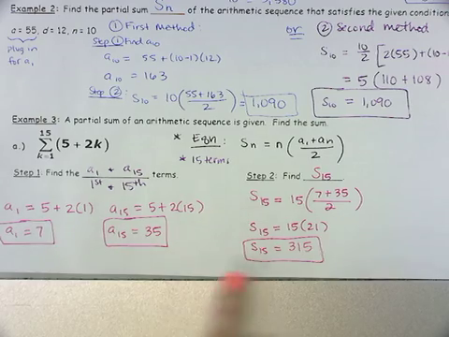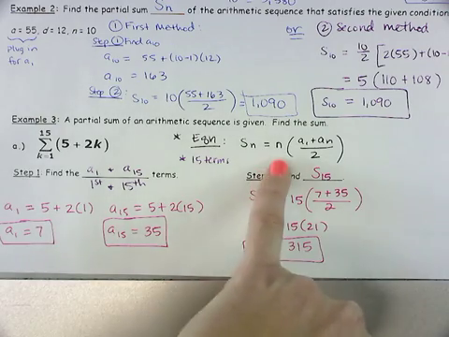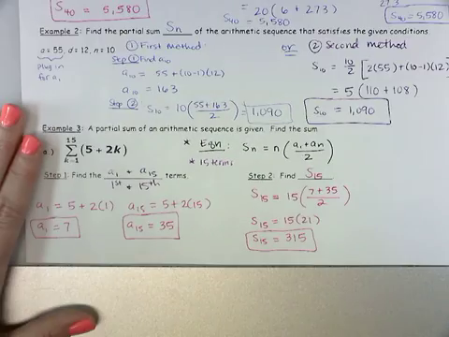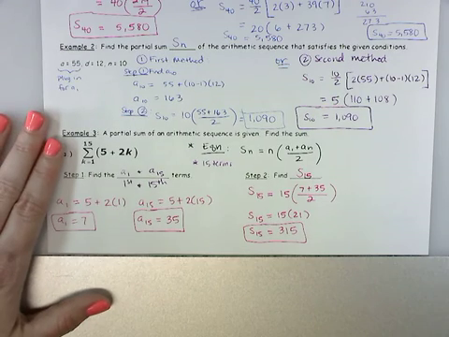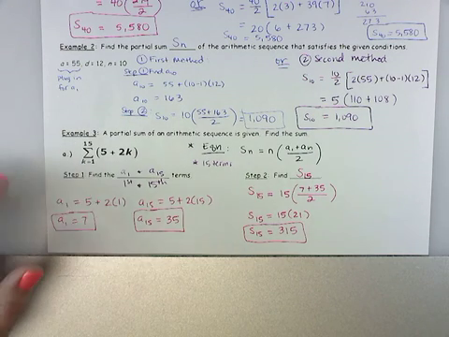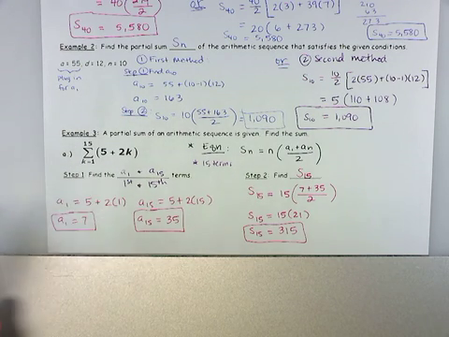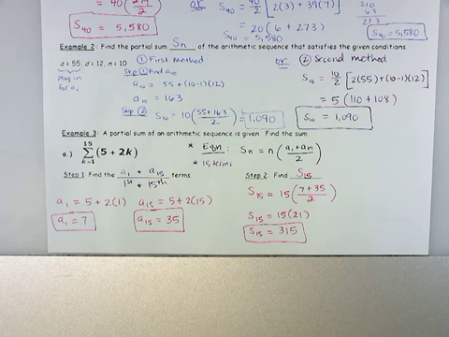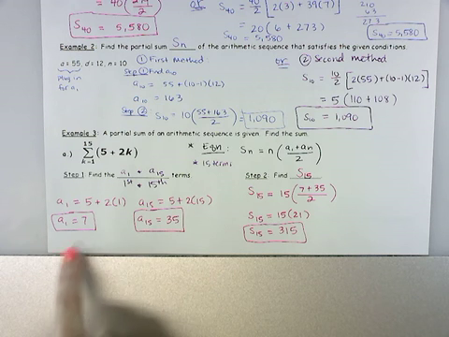Can anybody think about why we use this one instead of the second equation? Yeah, you would have to find the d value. And for this one, in order to find the d value, there are a couple different ways you could do it. Does anybody think they know one way?